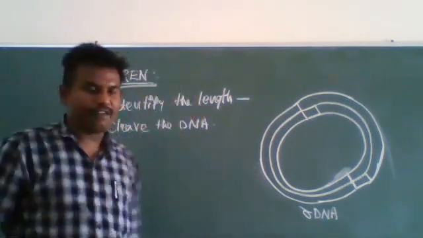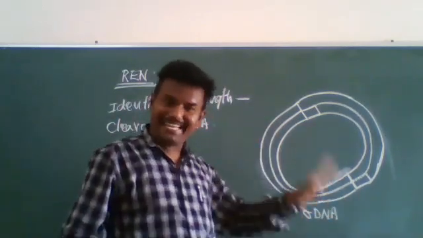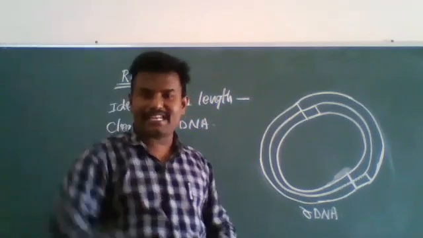That cleaving process now I will show. For example, this is a plasmid DNA. This DNA in the form of a double helical structure we will show.